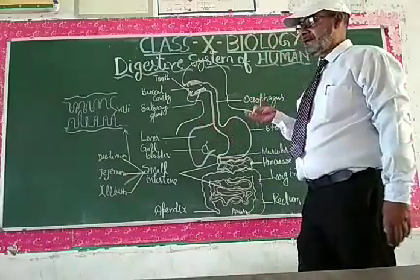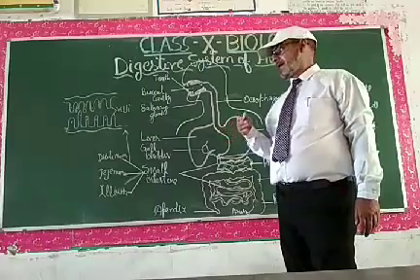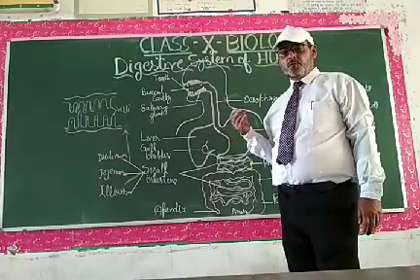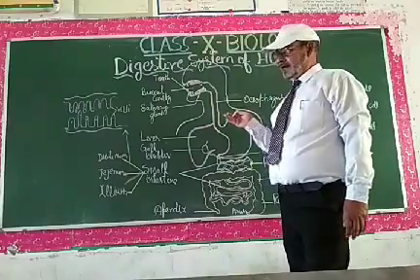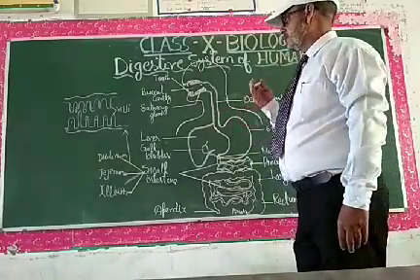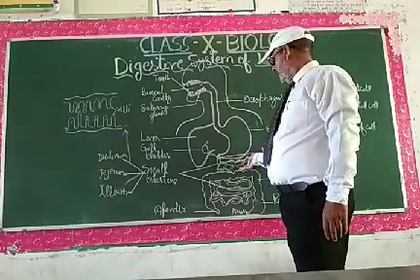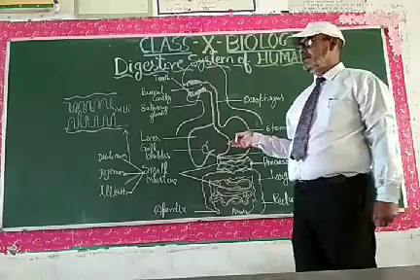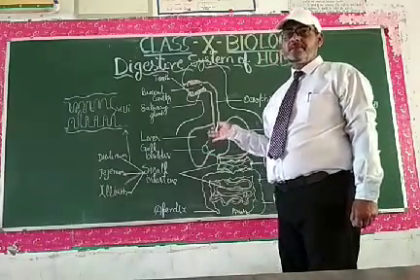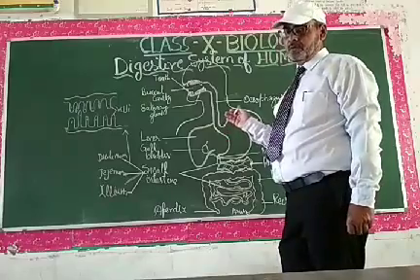The processes of digestion include the digestion of food, that is carbohydrate, protein and fat. Along with digestion, absorption also takes place in this digestive system, and as a result of absorption, assimilation proceeds to the different tissues, different organs, different cells of the body.